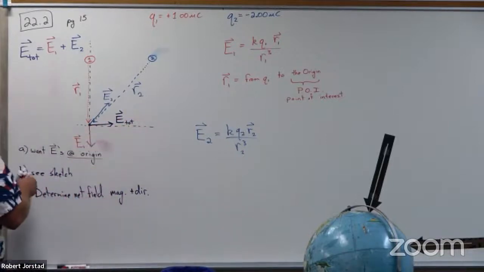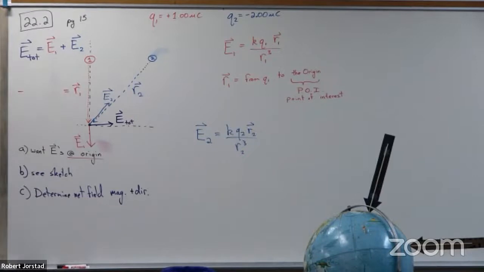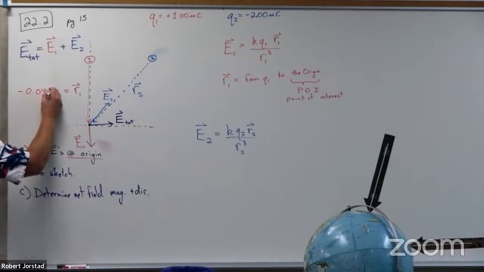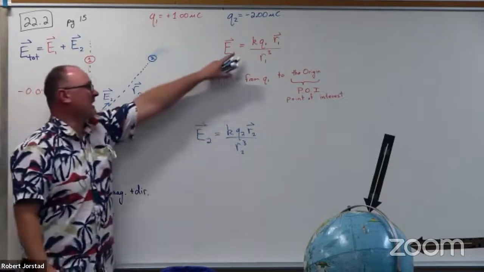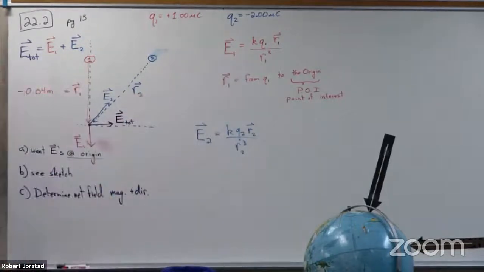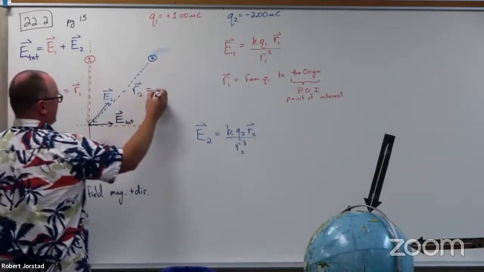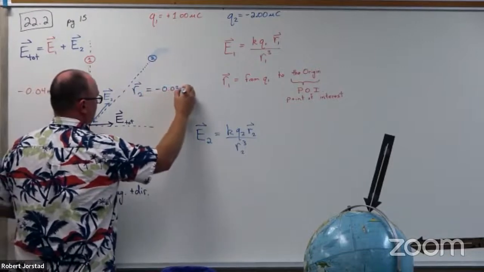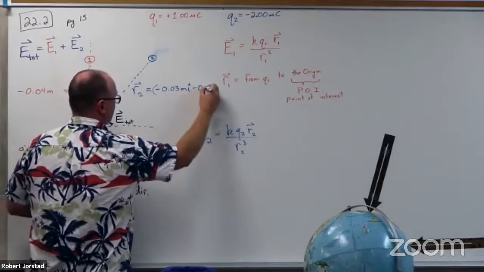And I think, if I'm not mistaken, R1 is going to be negative, let me read what it was. It's 4 centimeters, which is 0.04 meters. Again, we've got to use meters because the constant K uses meters, right? And then R2, this one is going to the left 3 centimeters and down.